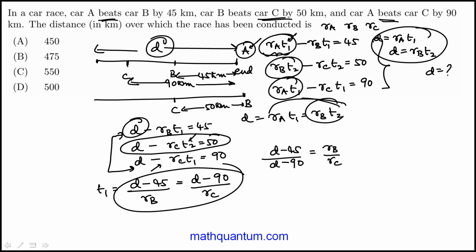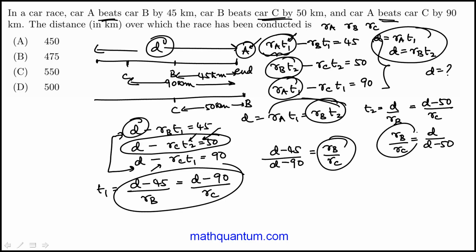And then I have T2 is D over RB. And from this, T2 is D minus 50 over R sub C. So you'll see RB over RC would be D over D minus 50. And you can see that these two are equal.